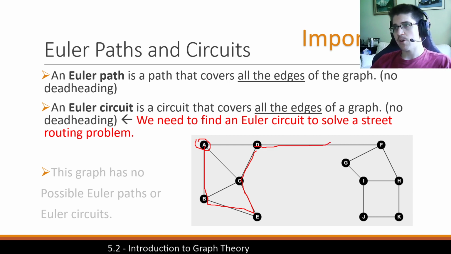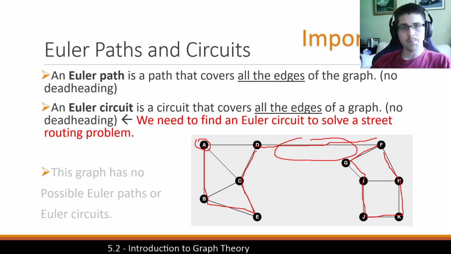But as I said before, if we're trying to hit every single edge in a graph that has a bridge, we're going to run into a problem because as we're covering all the edges, we get stuck because we've already used this edge. And that's the huge problem in these chapters: what happens when we run into an edge we've already used? And also notice that there are other edges I've missed. How do I go back and cover those if I'm not allowed deadheading? And that's why some graphs do not have Euler circuits.